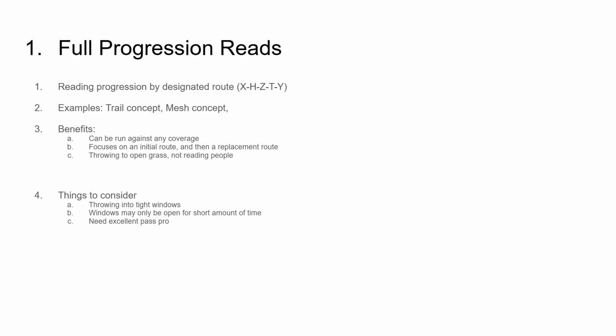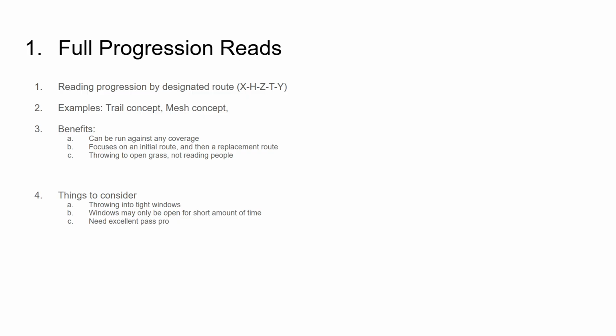So, like I have here, where it goes X to H to Z to T to Y, you're basically going through and looking at those progressions first. You have a predetermined guy that you're going first, and you have a predetermined guy you're going second, third, fourth, fifth. I have some examples here. I'll show you the concepts whenever they're drawn up in a second.